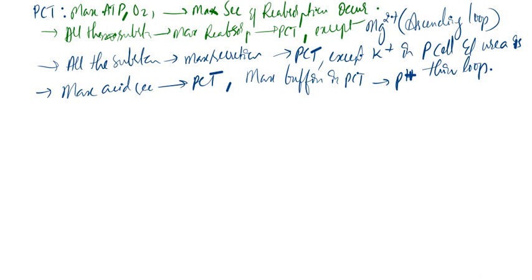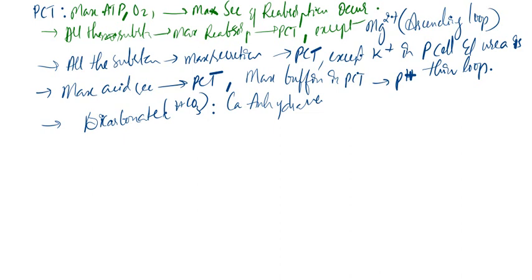The main buffer present in the PCT is bicarbonate. Why? Because they need the carbonic anhydrase enzyme.